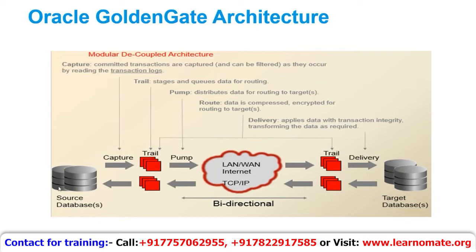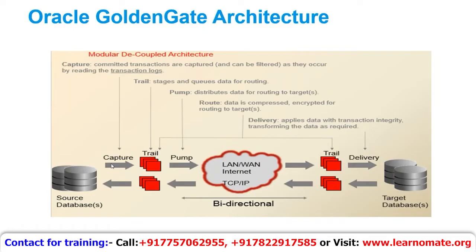So you have capture process, which receives the changes from the transaction logs and captures the committed transactions. Remember, it doesn't capture any uncommitted transaction. For GoldenGate to work, if GoldenGate is already installed in your environment and you find that data is not replicating, there are a few troubleshooting steps which you need to follow.